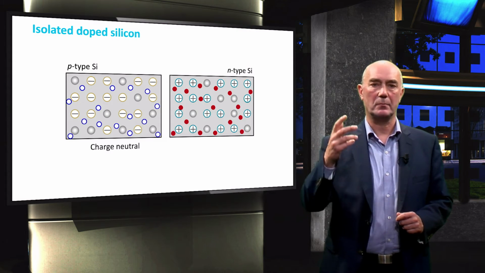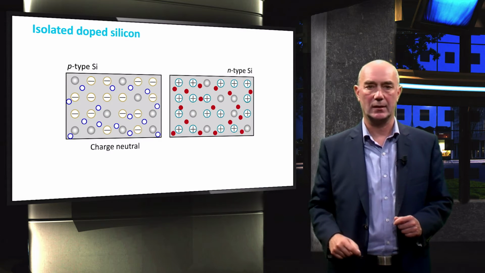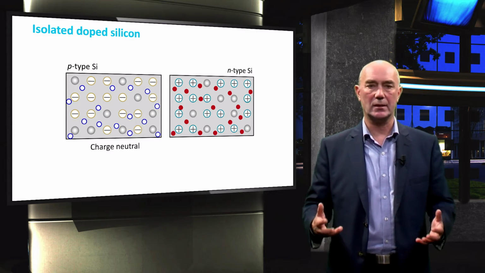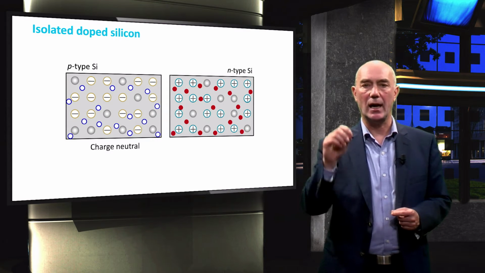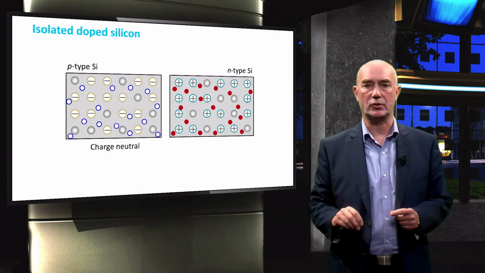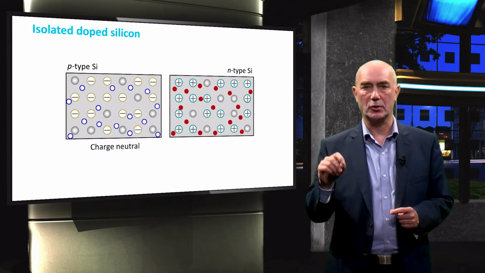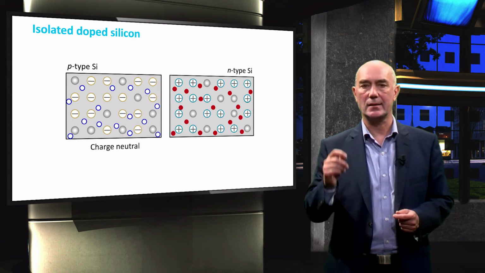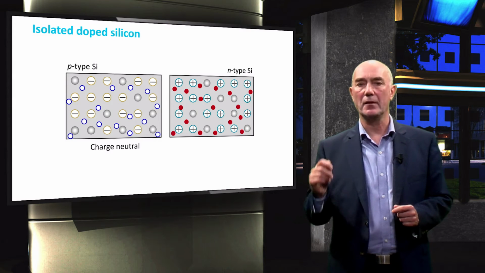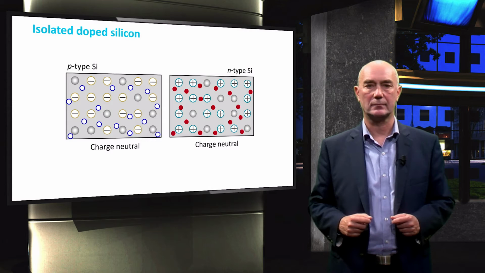Just as with p-type materials, the phosphorus atoms become ionized when the electron leaves the host atom. However, in this case, the ionized atoms are positively charged. The charged phosphorus atoms are compensated by the mobile charge carriers, in this case electrons, and therefore the n-type material is charge neutral.